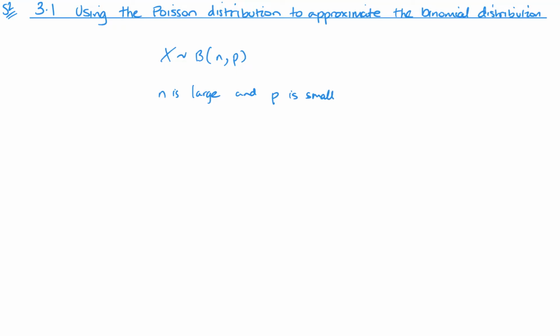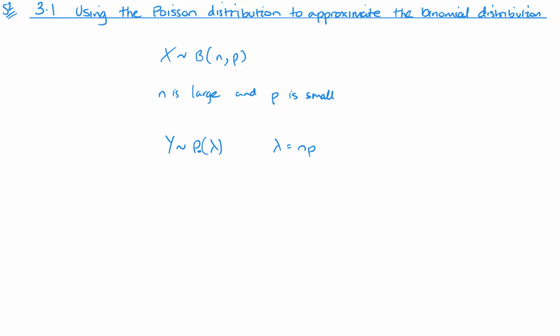If I meet those requirements, then I can use a Poisson distribution to approximate it. So Y is Poisson, and lambda is going to be n multiplied by p.